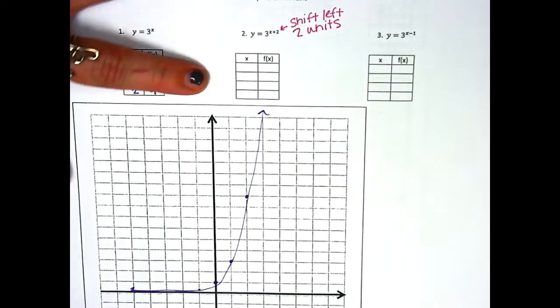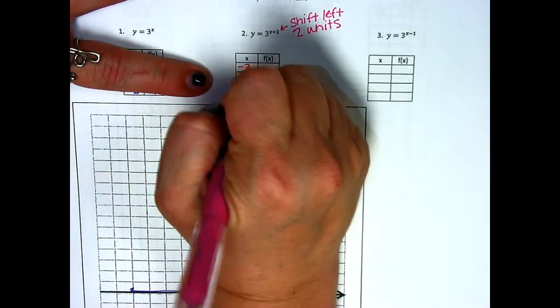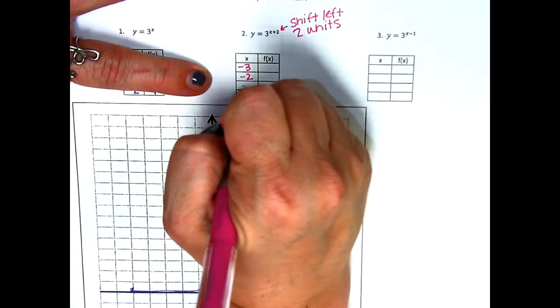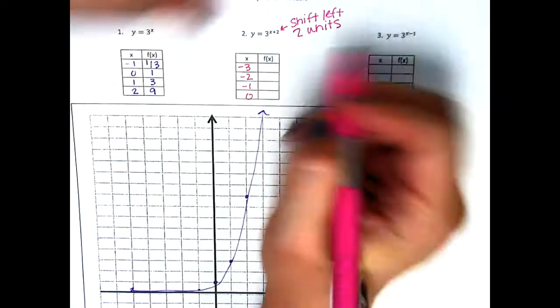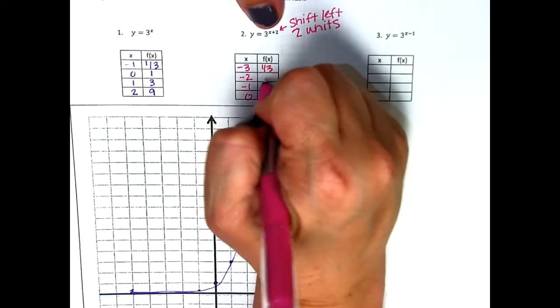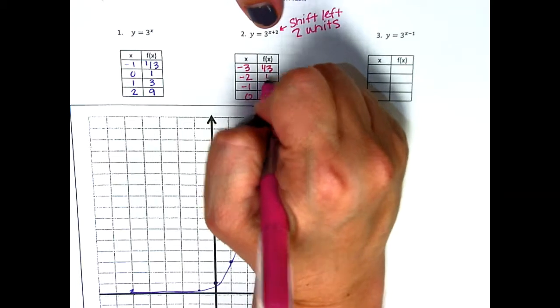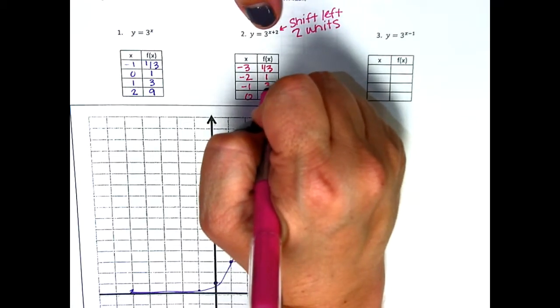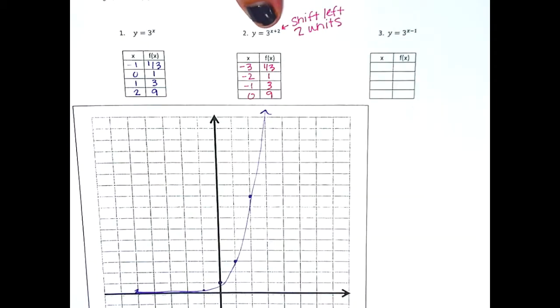Okay, so I'm going to use the domain -3, -2, -1, and 0. So if I substitute a -3 in, I'm going to get 1/3. If I substitute -2, I get 1, -1, I get 3, and 0, 9.